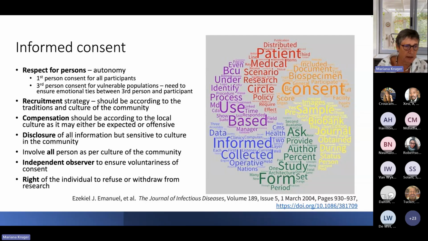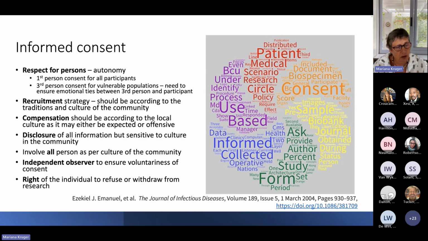Then it's also really about how you're going to recruit. Your recruitment strategy is crucial in the informed consent process because you should be respecting the local culture and traditions of the community and find ways of dealing with it. And I always have a discomfort, and I can share that for the social scientists.